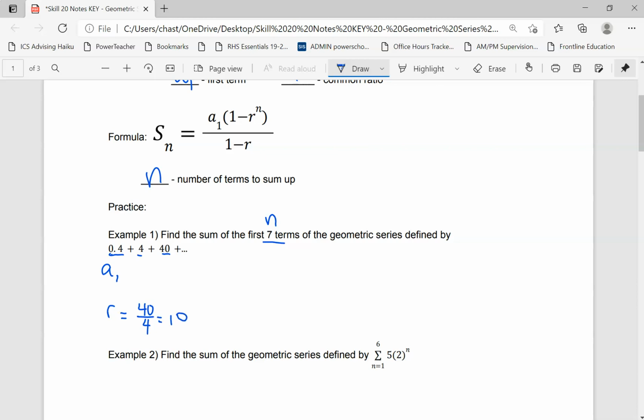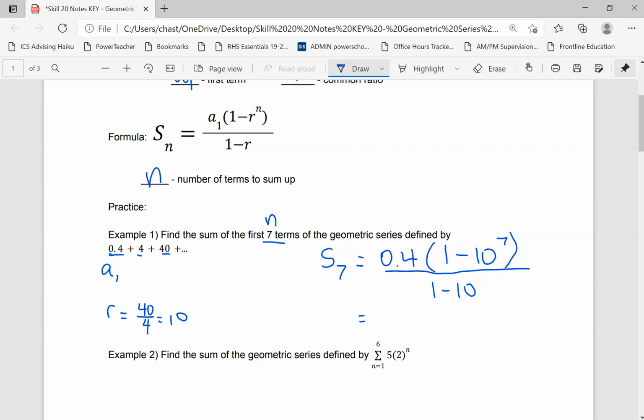So we want to find S sub 7. S7 is going to be equal to our first term, a1, which is 0.4, multiplied by 1 minus our r value, which is 10, to the 7th power, divided by 1 minus 10. I'm going to get my calculator handy.